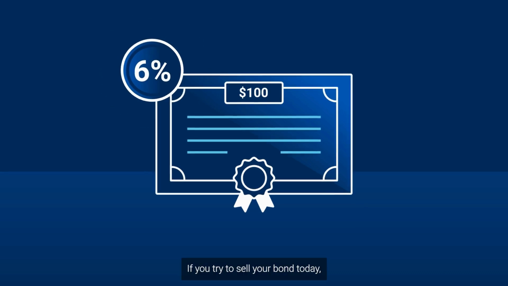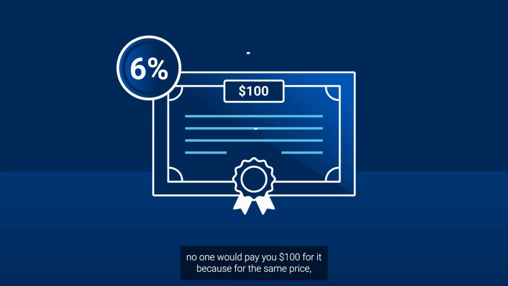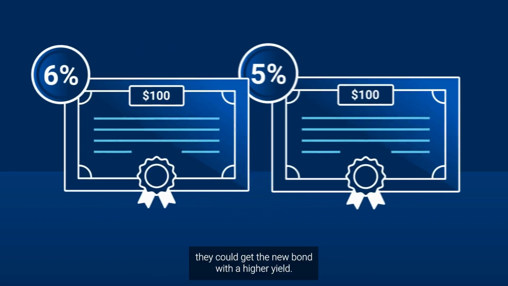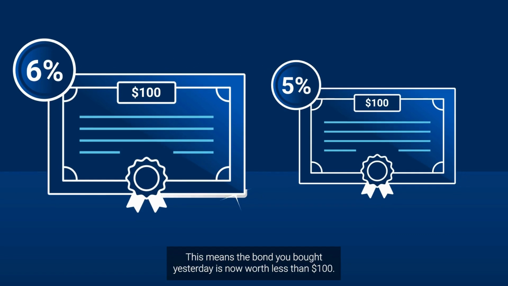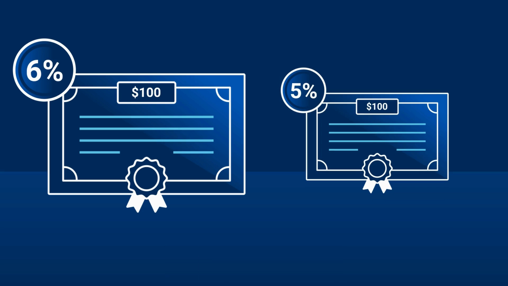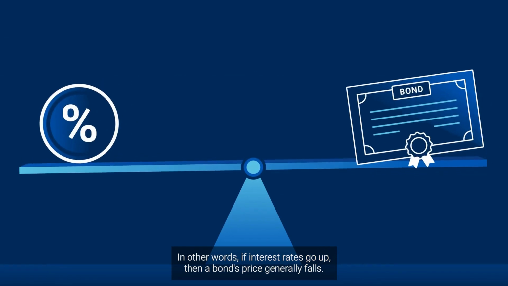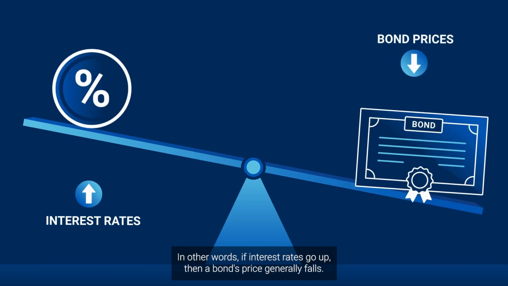If you try to sell your bond today, no one would pay you $100 for it, because for the same price they could get the new bond with a higher yield. This means the bond you bought yesterday is now worth less than $100. If you really want to sell your bond today, you'll have to sell it at a discount. In other words, if interest rates go up, then a bond's price generally falls.